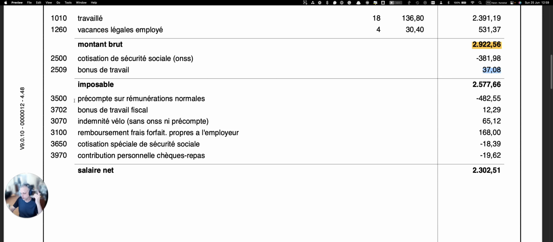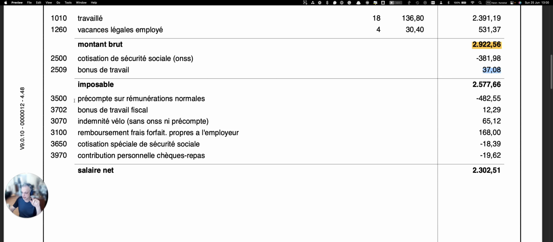It's called a withholding tax, in the sense that they take from your payslip an advance on the income tax that you will have to do in a year or so, because the Belgian government doesn't want to wait to get the money at the end when you have to do your income tax. They basically take an advance every month. That's why it's called the withholding tax.